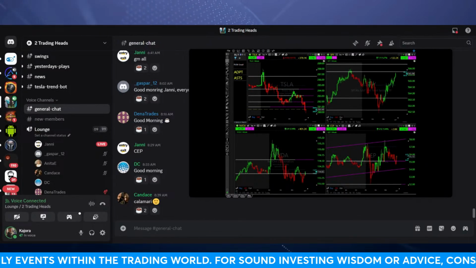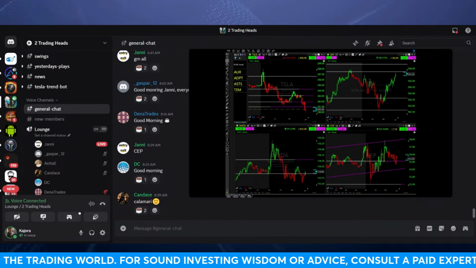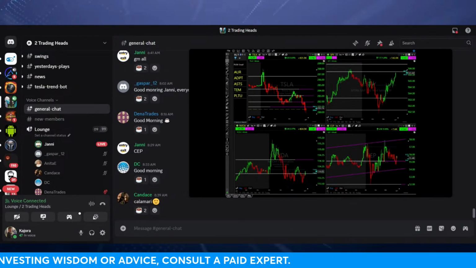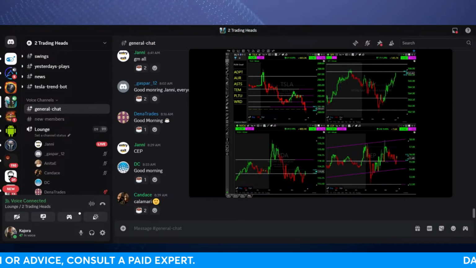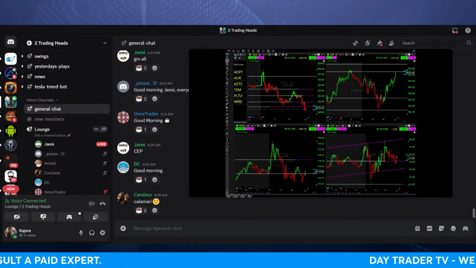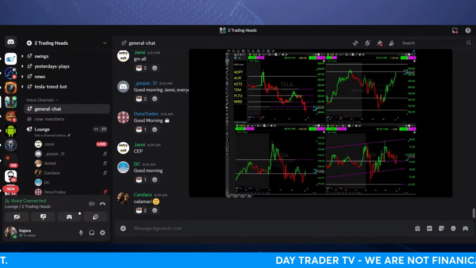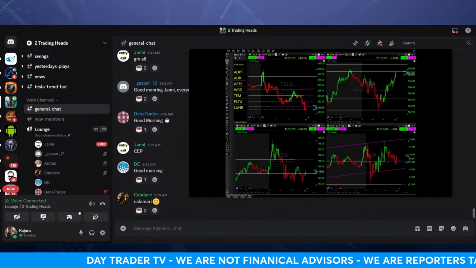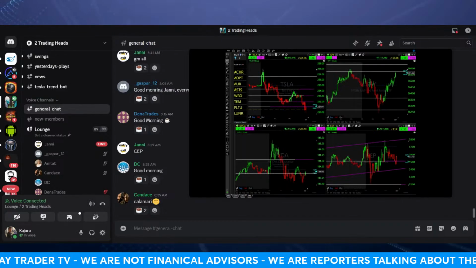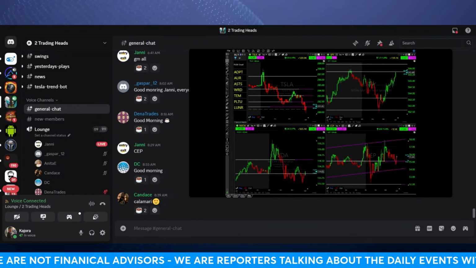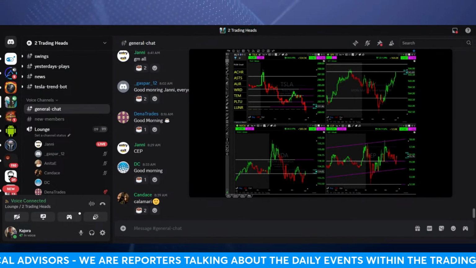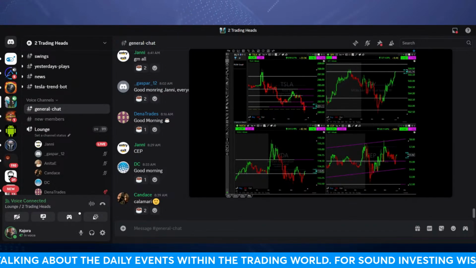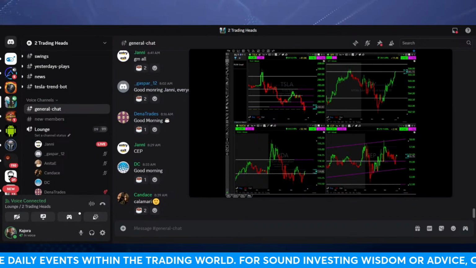A little bit more PLTR long. Getting back to the high of the day, ding, ding, ding. Look at SPY, retesting here, making a double top. Some Tesla long here, 95%, holding 5%. Let's see if we can break trend and continue and push up.